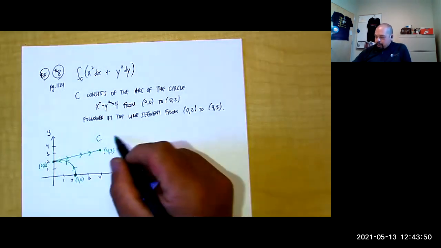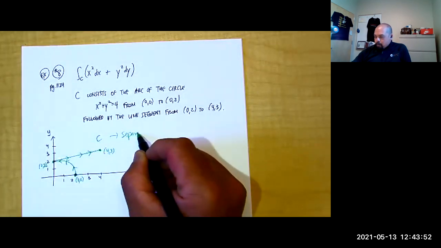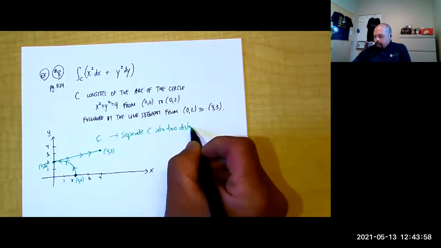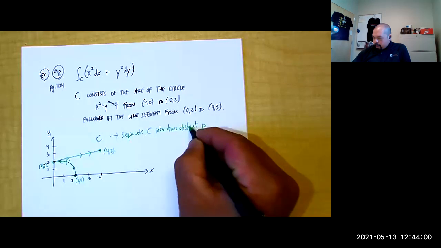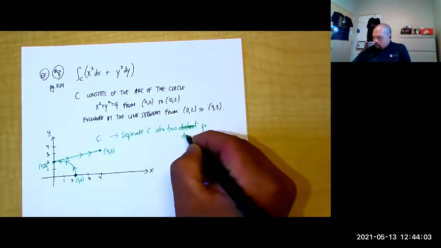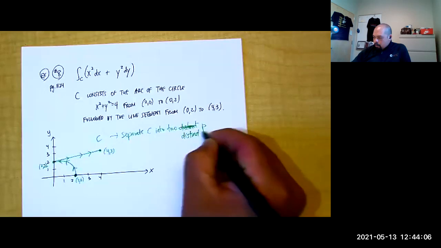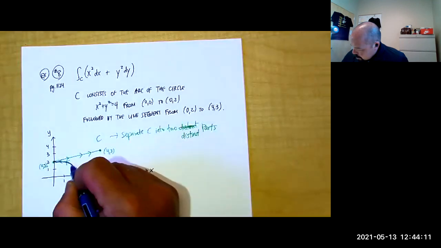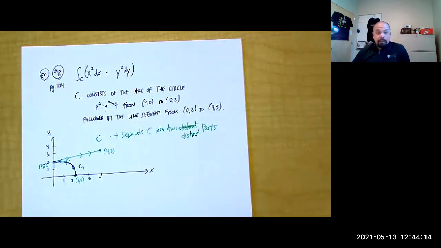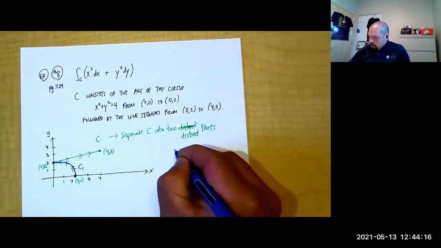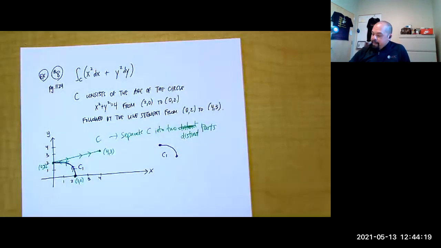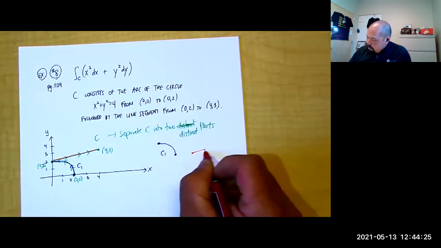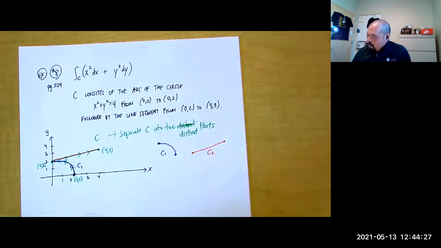But hopefully we can see, we can separate C into these kind of two distinct parts. We have this part, C sub 1, that arc of our circle, and then the line segment are C sub 2, right?